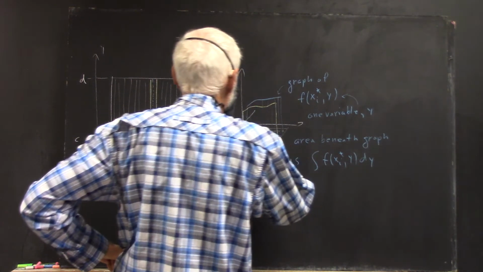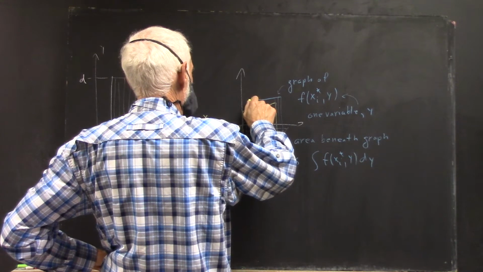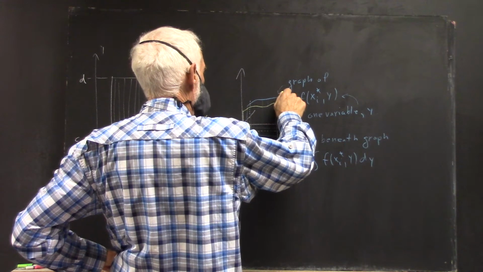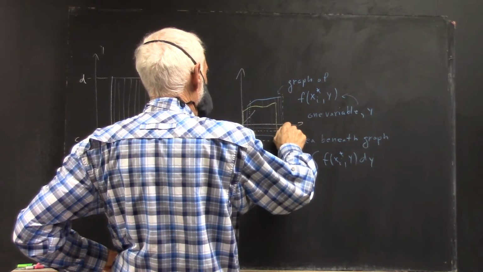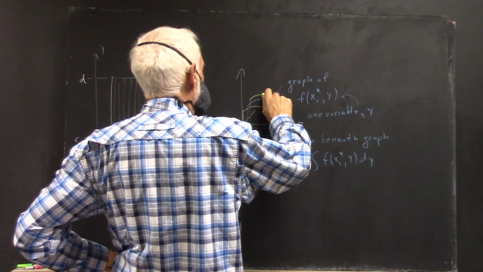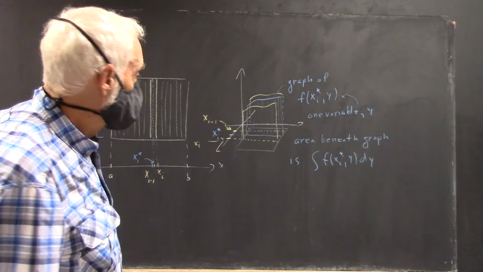If we slice over here at x equals xi minus 1, it's going to again look sort of similar, but maybe not exactly the same.